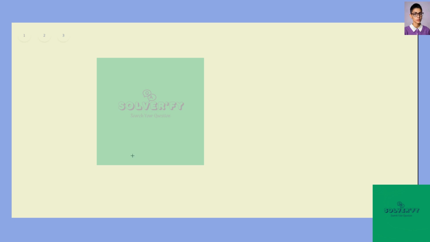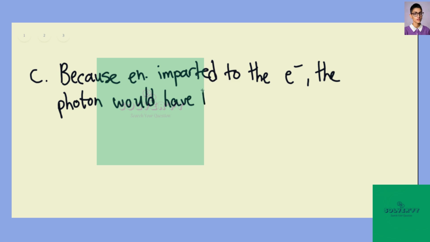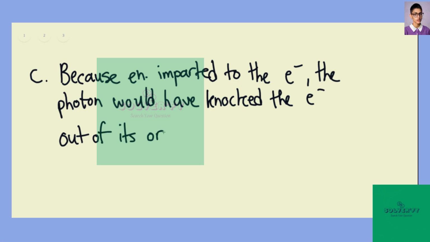For part C, we know that because of the energy imparted to the electron, we can say that the photon would have knocked the electron out of its orbit.